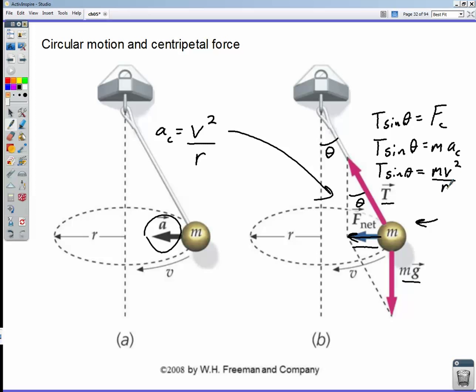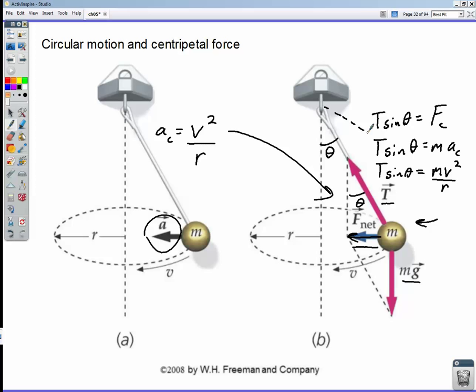So if we know the radius of the circle, and we know the velocity of the object moving in a circle, and we know the mass, then we can solve for the tension in the string. And I think if you'll notice, the bigger theta gets, the greater the tension in the string has to be, because the greater the centripetal force is going to have to be. All right?